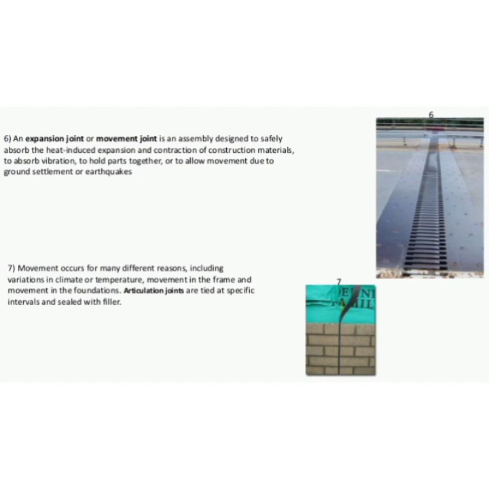Movement occurs for many different reasons, including variations in climate or temperature, movement in the frame, and movement in the foundation. Articulation joints are tied at specific intervals and thick with filler.